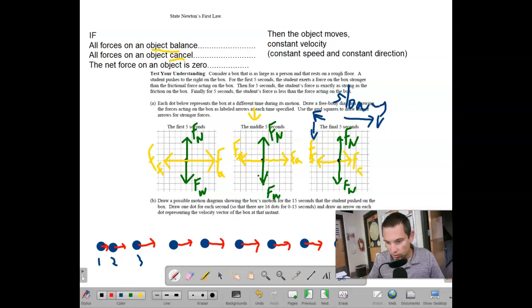And then we start getting shorter. Okay, got it? So that takes care of Newton's first law, the first test your understanding.